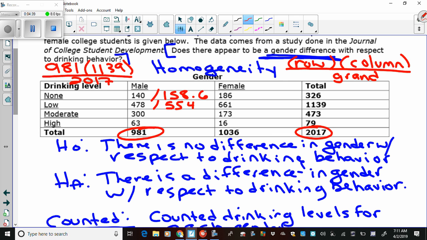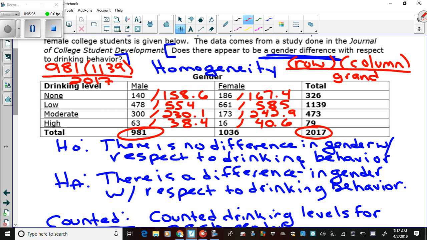So if I continue that process, I would get 230.1, 38.4, 167.4, 585, 242.9, and 40.6.